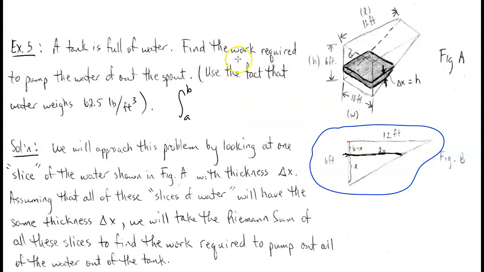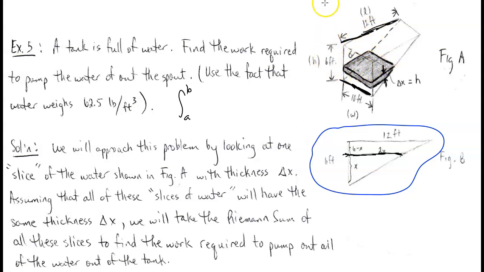Now, to characterize the volume here, notice that the thickness of the water is going to be the same as the width of the tank, which is 10 feet. As far as the length of it, it's going to model what this is here. And depending upon how high that slice of water is, that lets us know how much of this 12 feet it actually extends across.